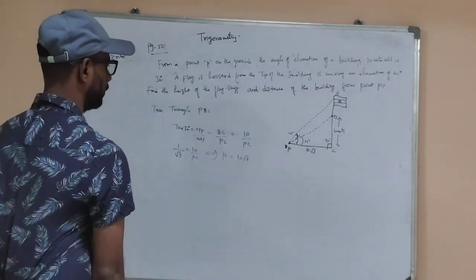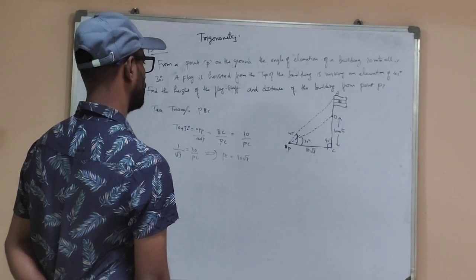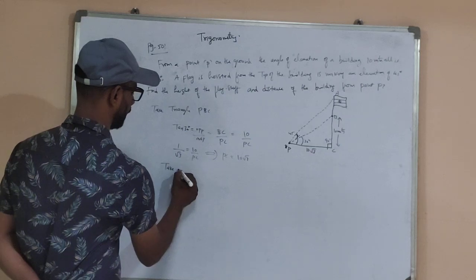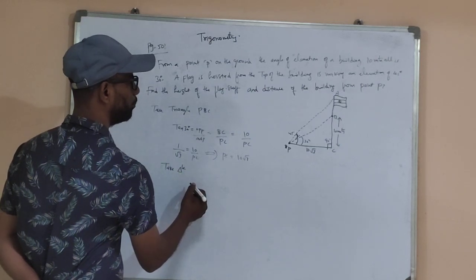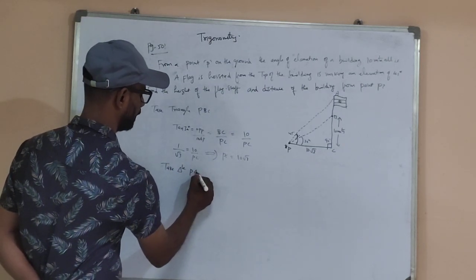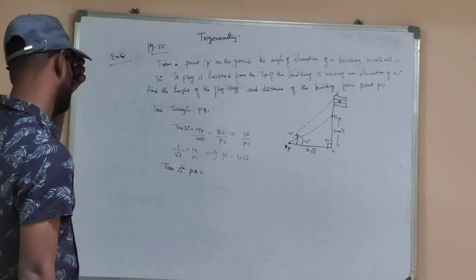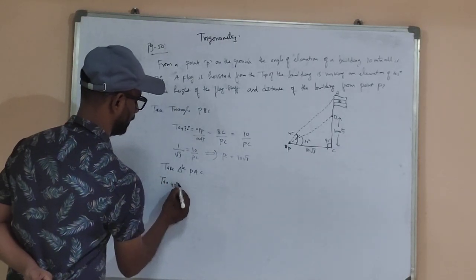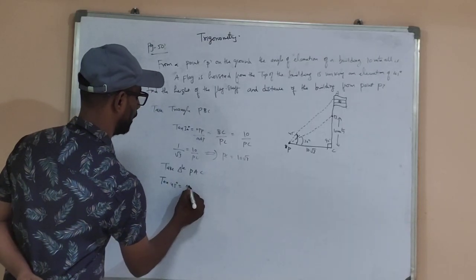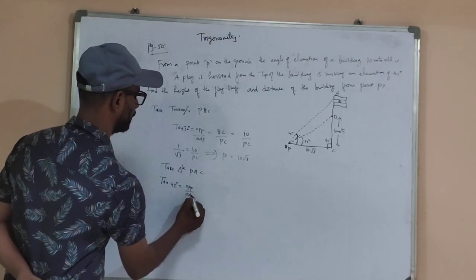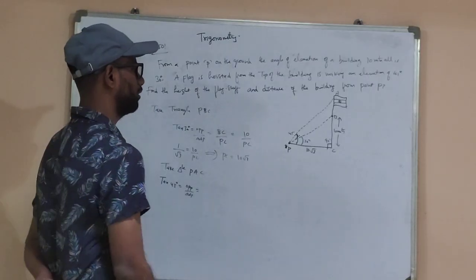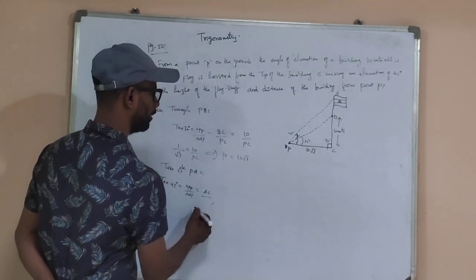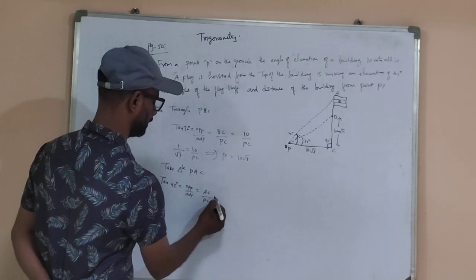Next, we have to find the height of the flagstaff. Now take triangle PAC. Tan 45 degrees is equal to opposite by adjacent, which is AC by PC.